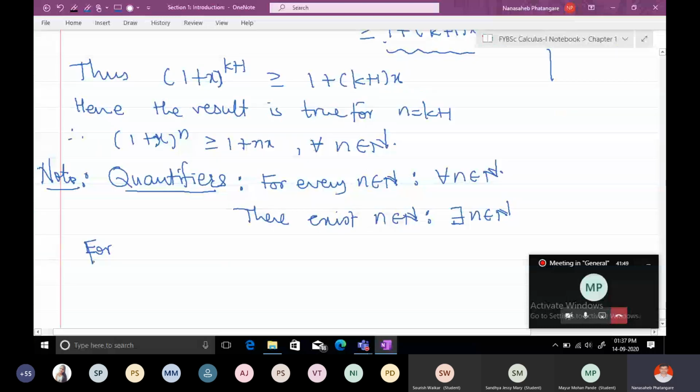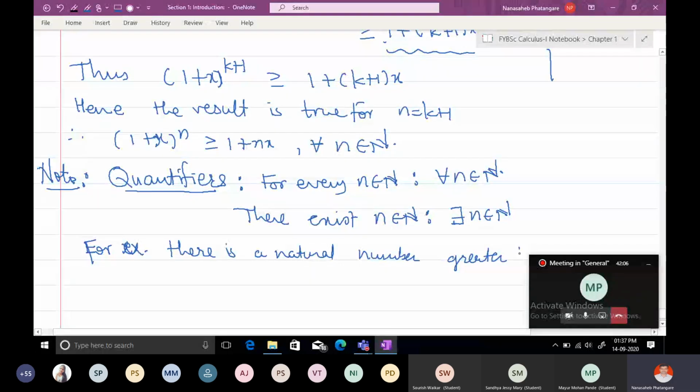For example, there is a natural number greater than 2020.